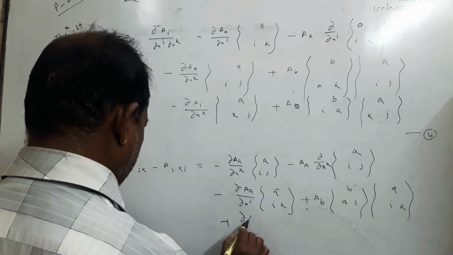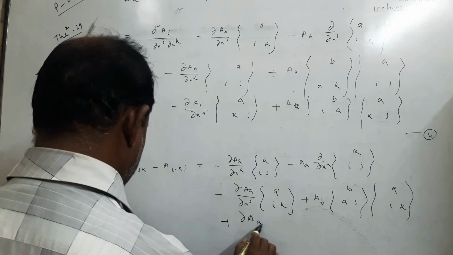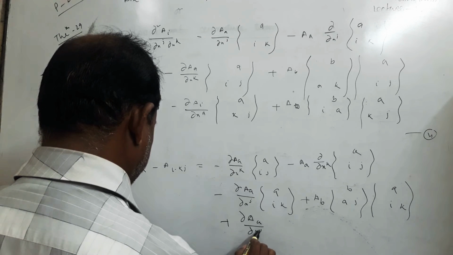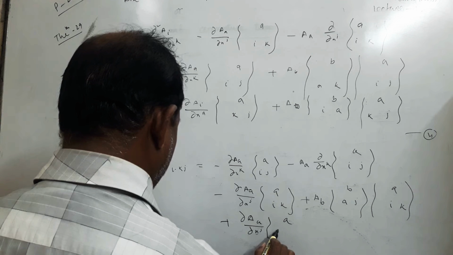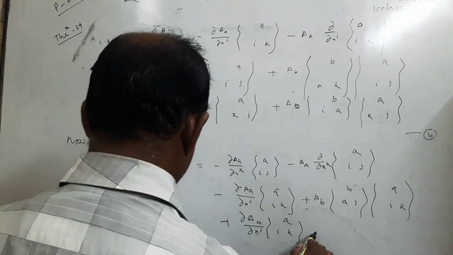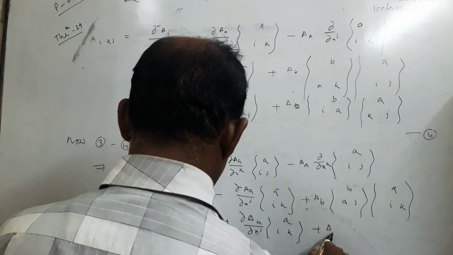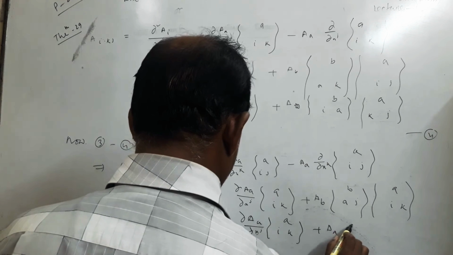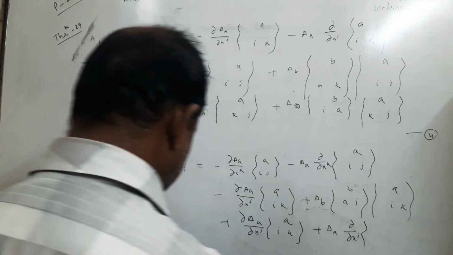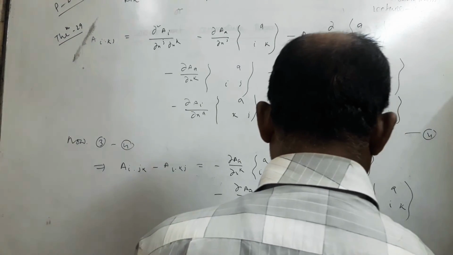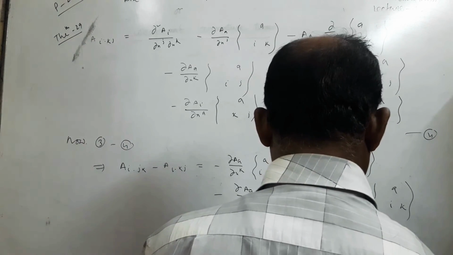plus del a divided by del x j into a divided by I k plus a into del by del x j a I k.